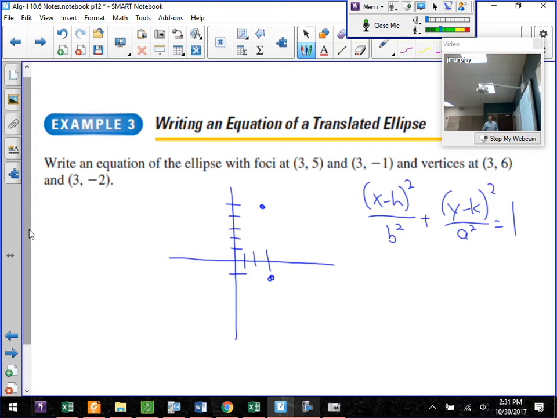So there's my foci. Vertices are at (3, 6) and (3, negative 2).